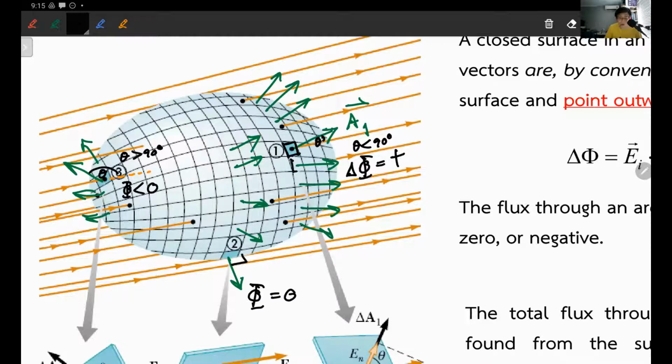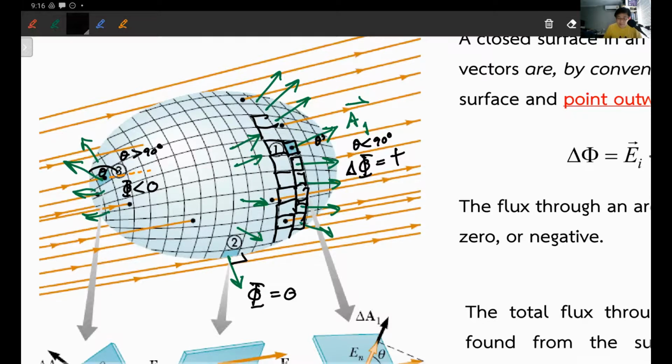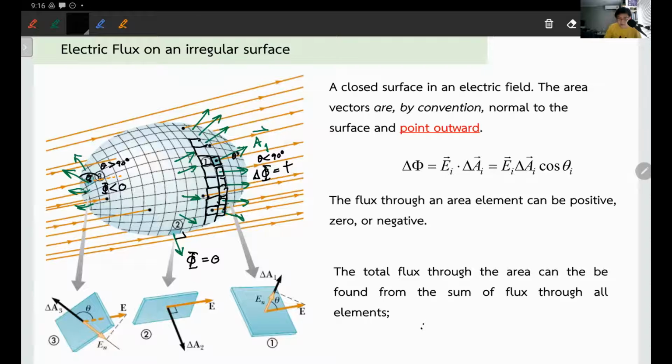And then you keep doing this on all those tiny surfaces, and then you sum all those fluxes. So you sum them all around this balloon, and you will get a net flux.